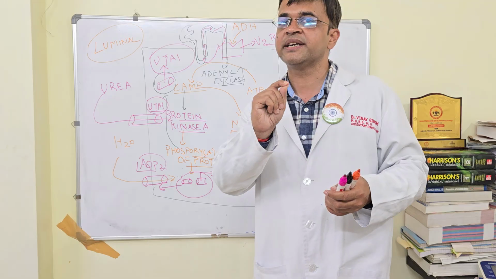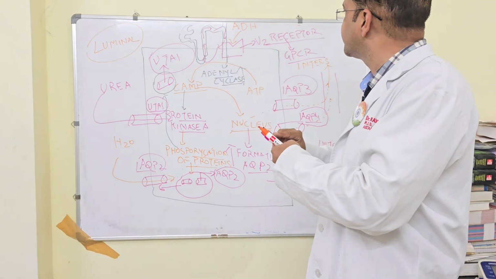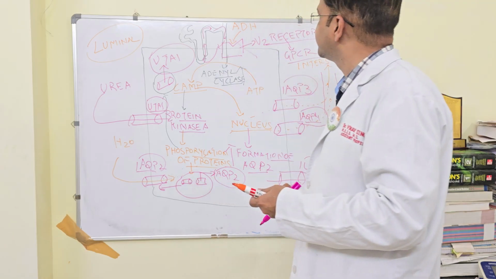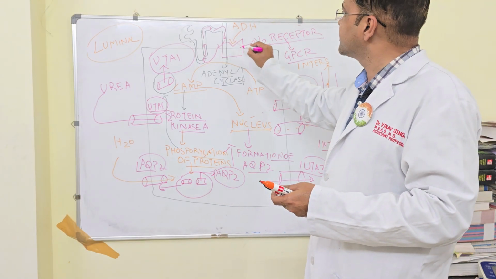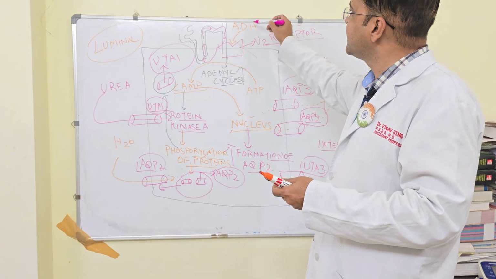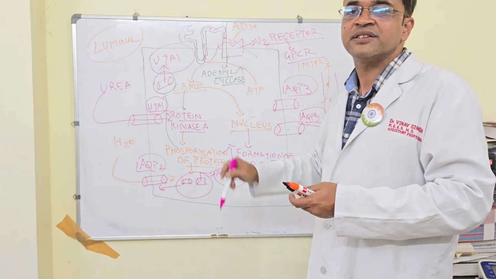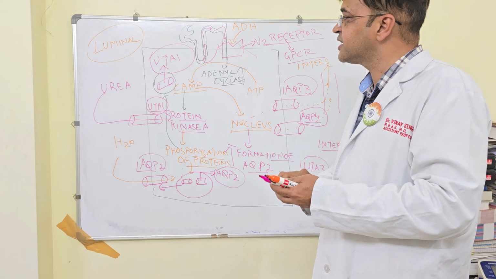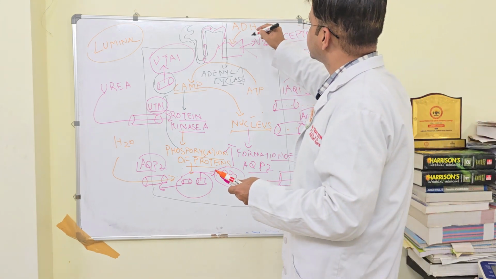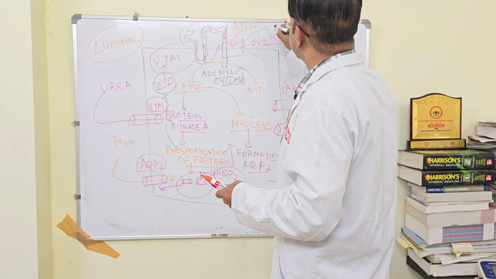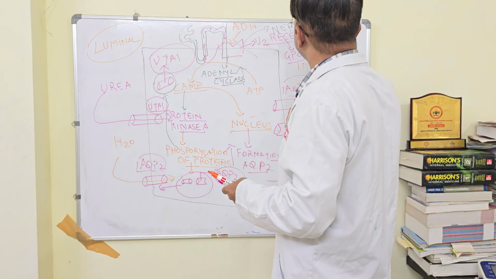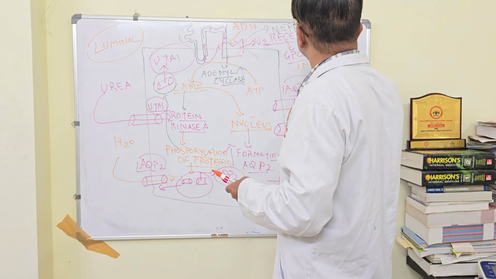One very important point I want to discuss over here is, suppose this V2 receptor gets defective. The ADH won't be able to act on the V2 receptor. So in that case, this is a case of nephrogenic diabetes insipidus.